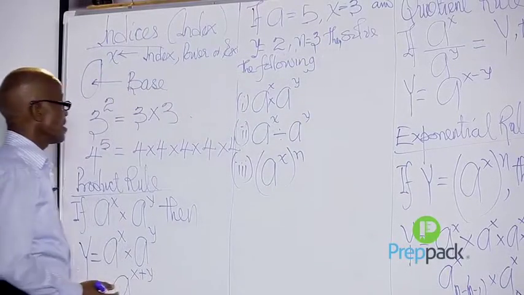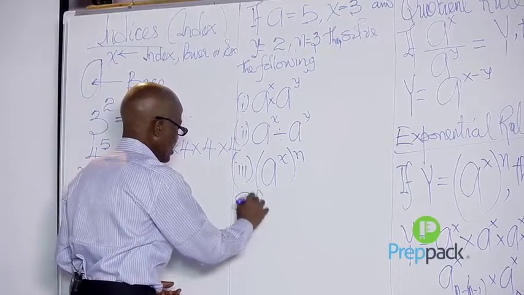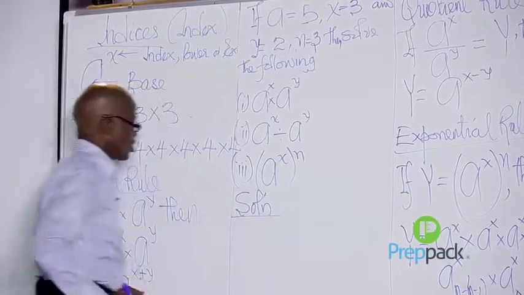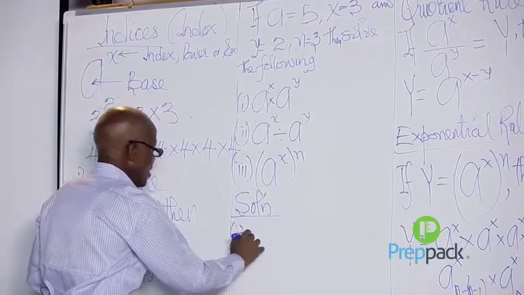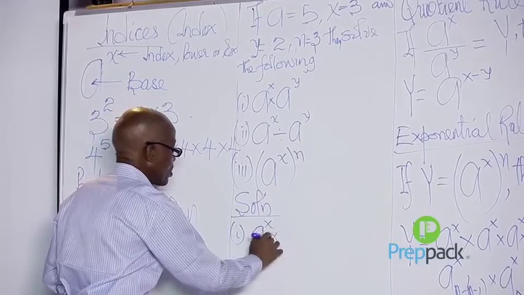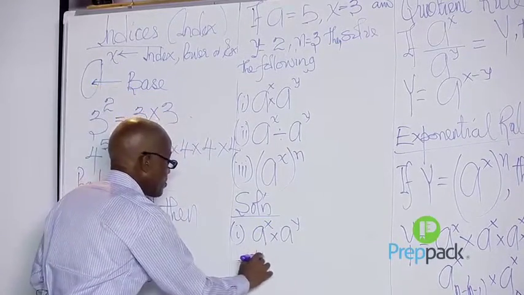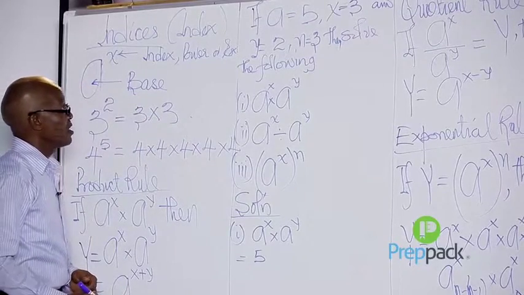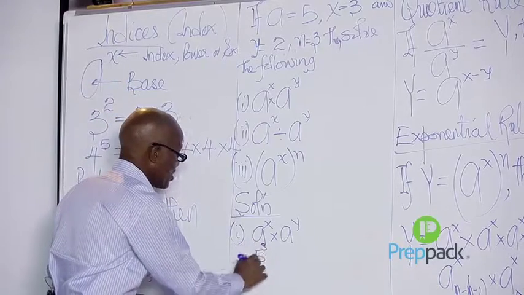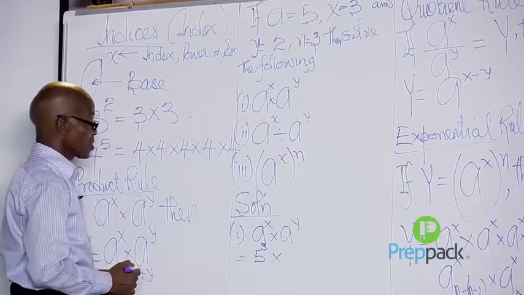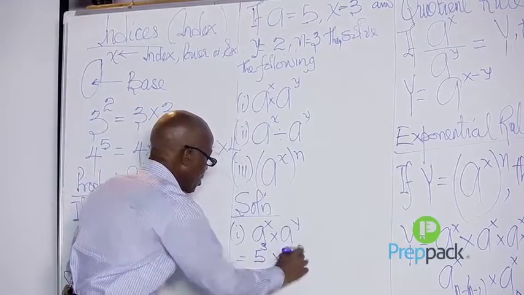Okay, then how do we go with this? Solution is as follows. Number 1 goes like this. A raised to power x multiplying a raised to power y becomes, looking at the values, we substitute x is equal to 3 in this case, multiplying y is equal to 2. So this becomes 5 raised to power 3 multiplying 5 raised to power 2.